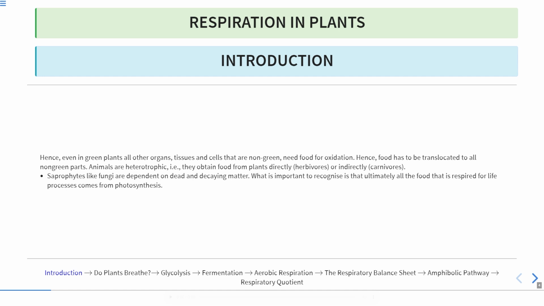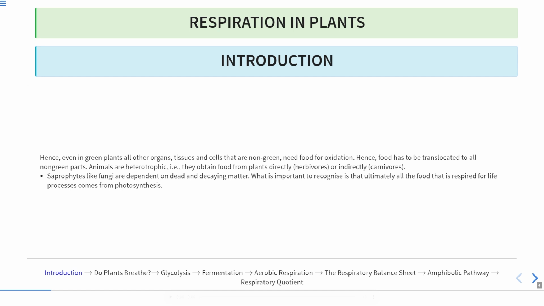Suppose it is a plant, like a fruit that has fallen and is present on the floor of the forest, and after some days you see some fungi growing on that fruit. This fruit has some food material, and that food material came from the process of photosynthesis. Any dead parts of the plant, whether twigs or leaves that have fallen, go through decay in the presence of fungi.